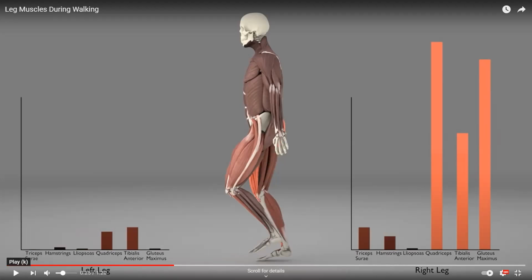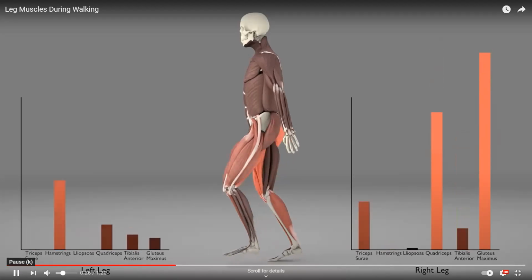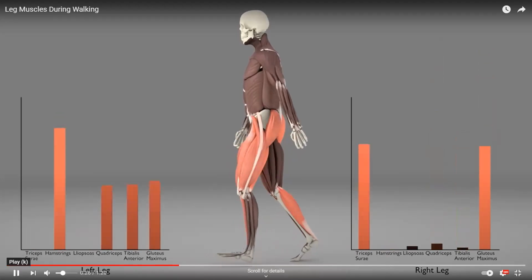Okay. Now let's go a little bit further. I stopped it a little late, but again, on the left leg, what phase would this be in? Terminal swing. Terminal swing would be right before it hit the ground, which is where I meant to hit pause, and then it kept going.